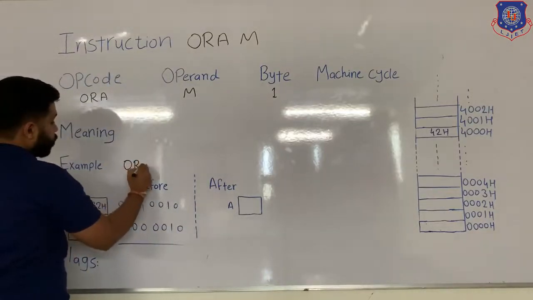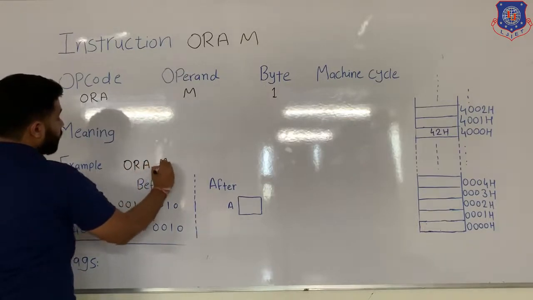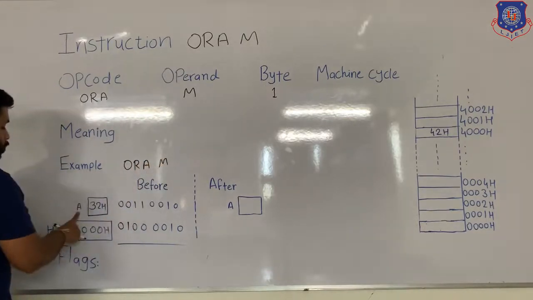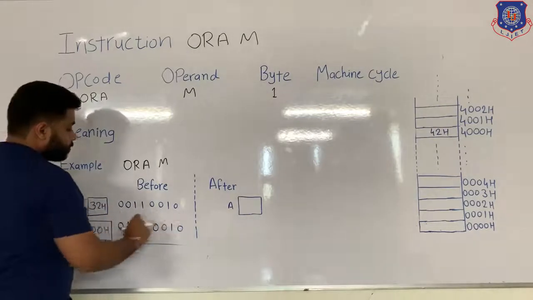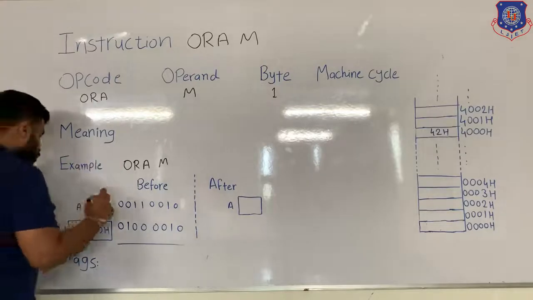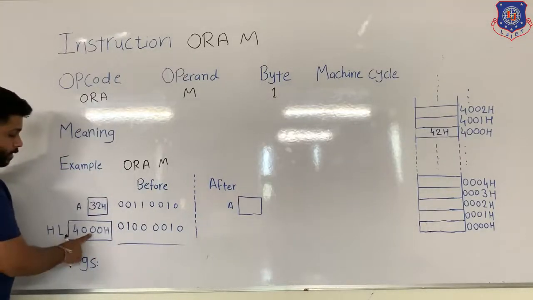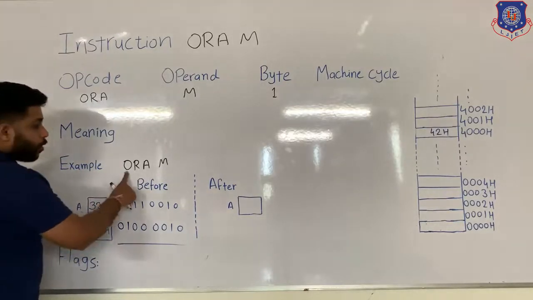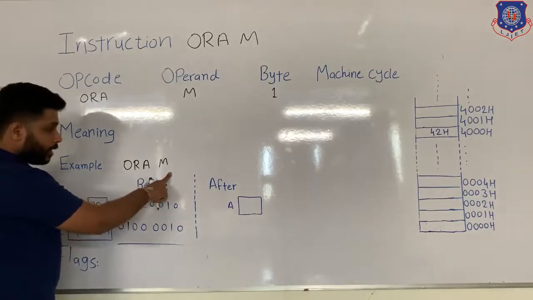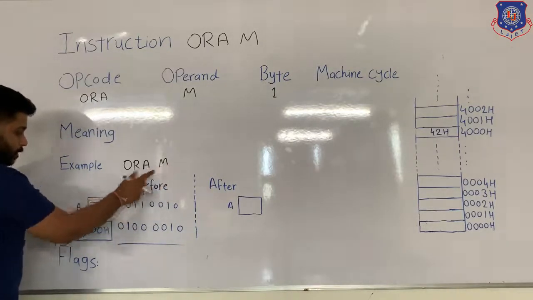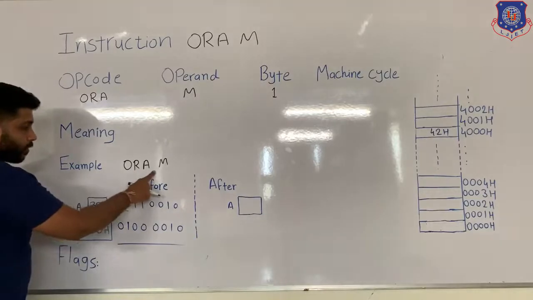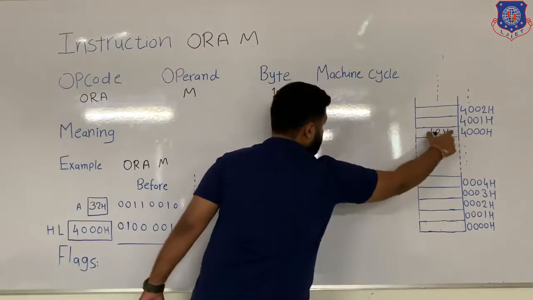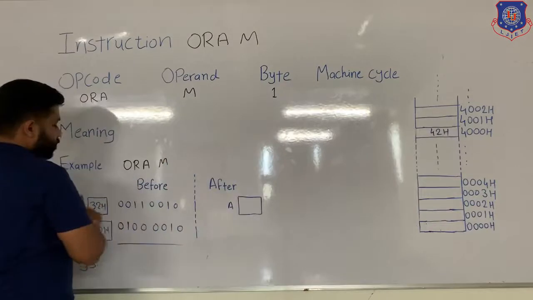Suppose the example is ORA M. Before execution, you can see the content of accumulator is 32H. It is represented in binary. Before the execution, the content of HL pair is 4000H. So when ORA M is executed, the content of the memory location specified in the HL pair, that is 4000H, is used. Logical OR will be performed between the content of memory location and the accumulator.